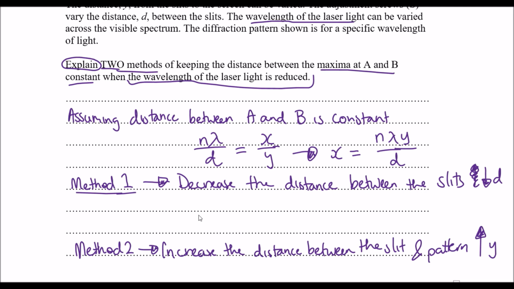Okay, the next thing we can quickly mention is the explanation of why doing this would work, and we can use this equation that we drew up here to do that.